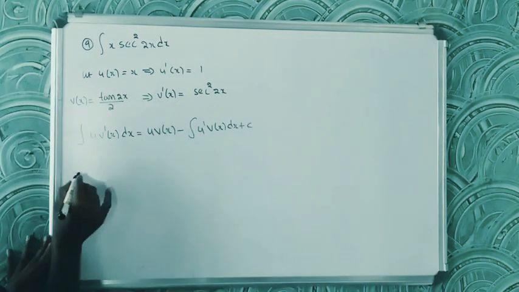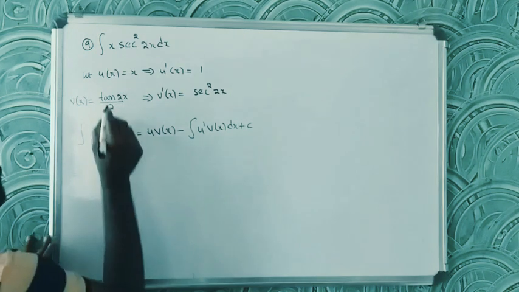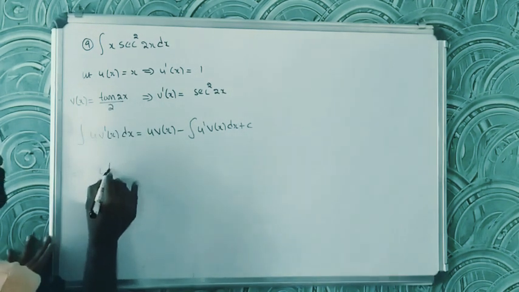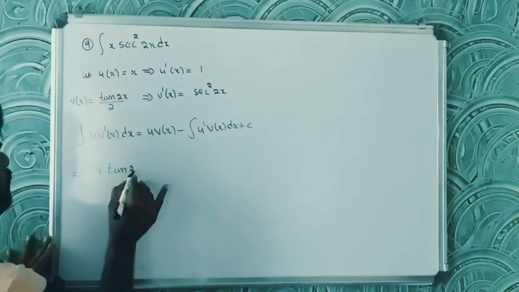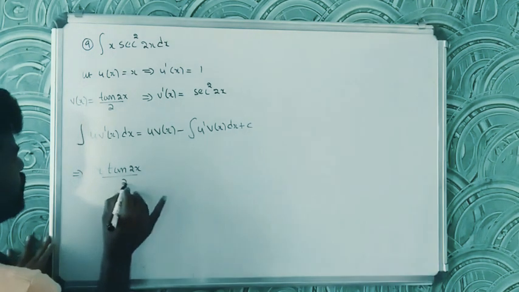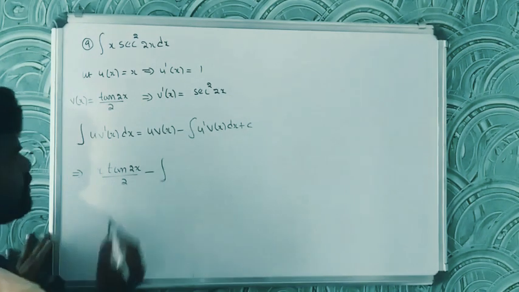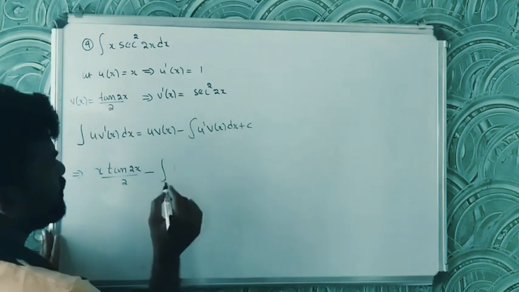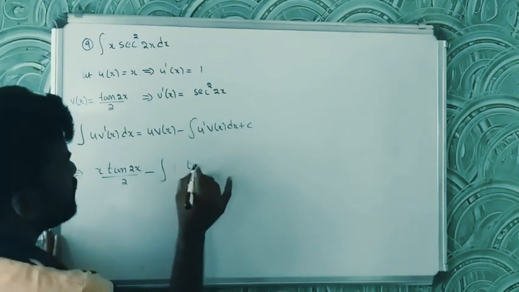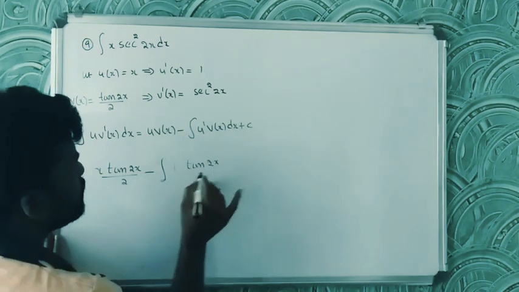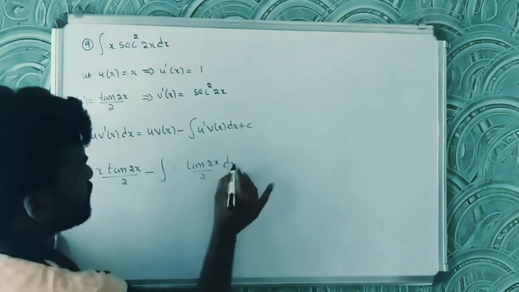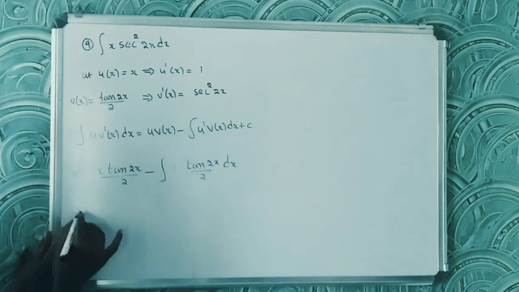So u v of x means x into tan 2x by 2, minus integration of u dash of x, which is 1, into v of x, which is tan 2x by 2, into dx.